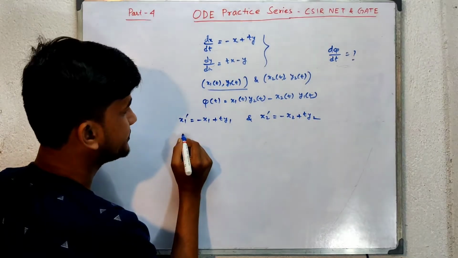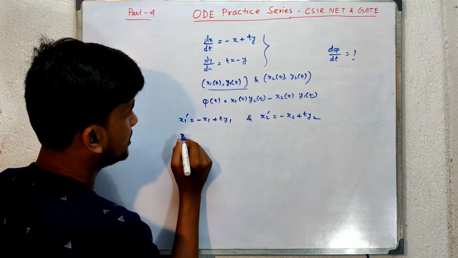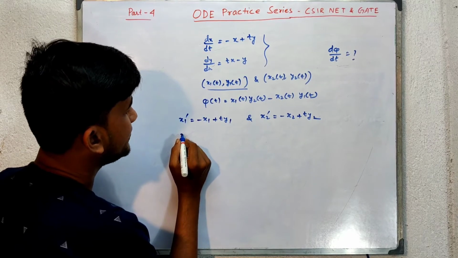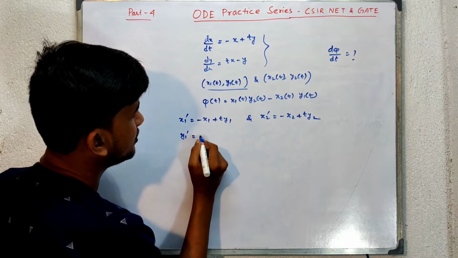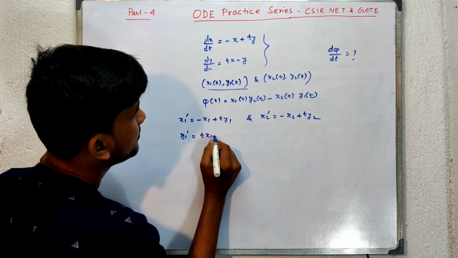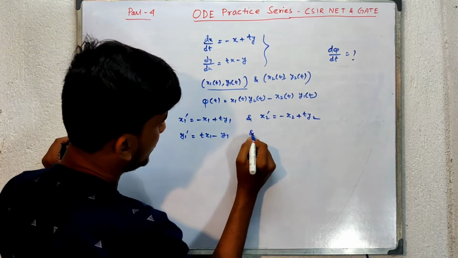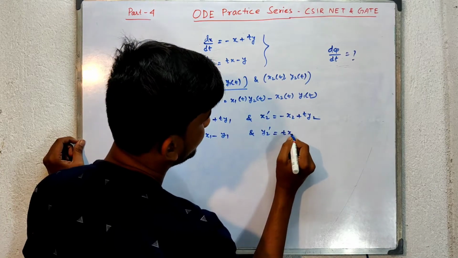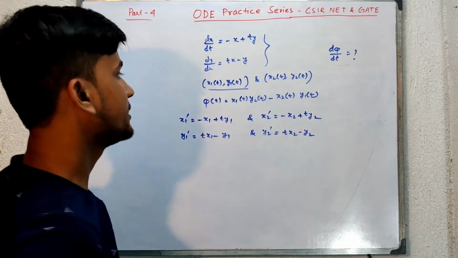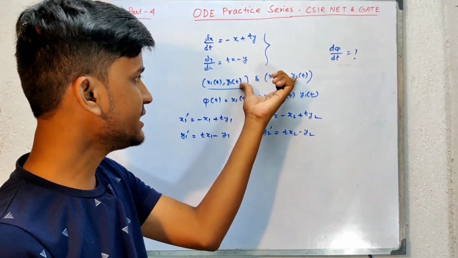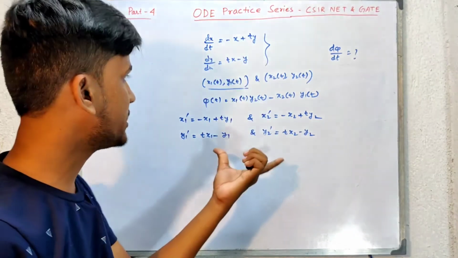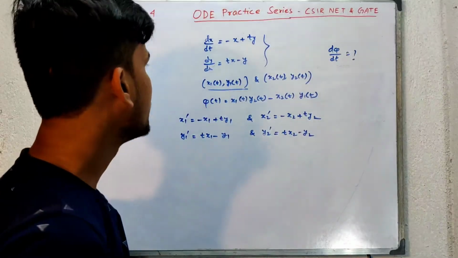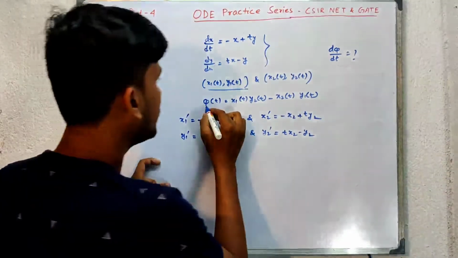And the second one, dy/dt, that means y1 dash is equal to t x1 minus y1, and y2 dash is equal to t x2 minus y2. Since these are solutions of the equations, they just satisfy them.